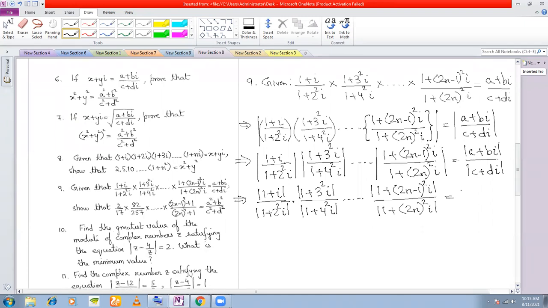And here modulus of a plus bi is root over of a square plus b square, and this is root c square plus d square. Now here the modulus in the numerator is root over of 1 square plus 1 square. And here the modulus is root over of 1 plus 2 square square, right?